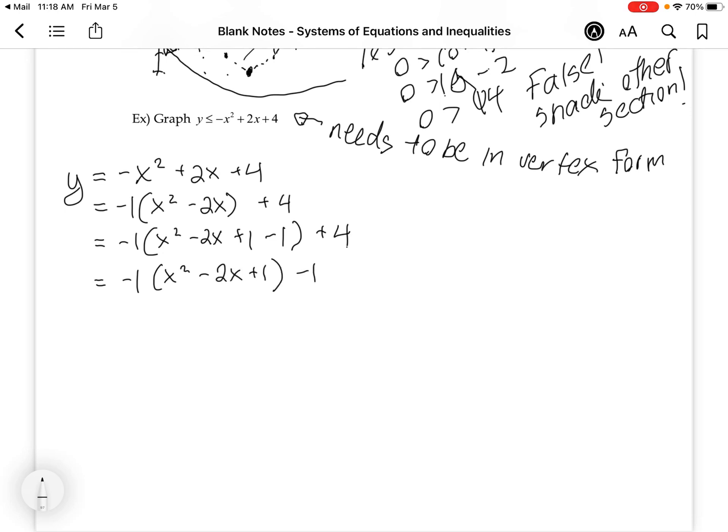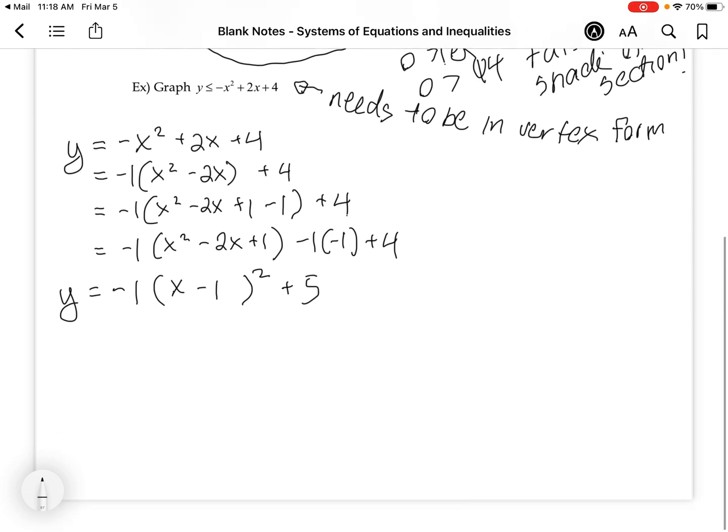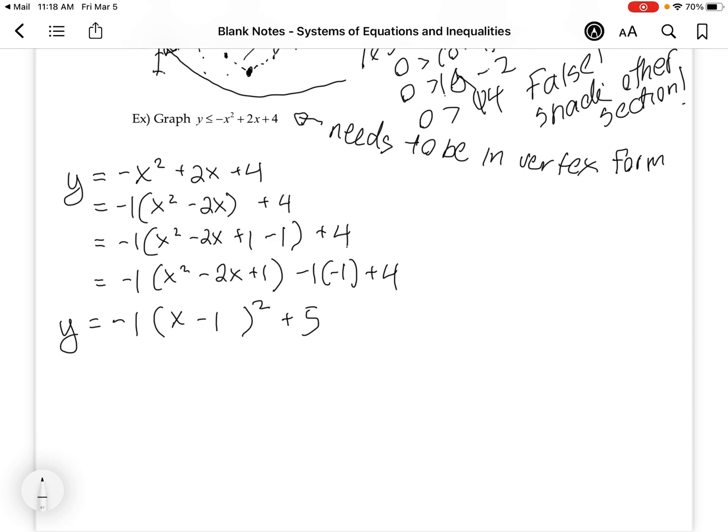So it's going to be negative 1 times negative 1 plus 4 when I do that. And now I can just simplify this a bit. So I'll get y equals negative 1 times this perfect square trinomial, which is now (x minus 1) squared. And then negative 1 times negative 1 is positive 1, plus 4 is plus 5. Okay, so if I graph this, this is a parabola with a vertex at 1, 5.